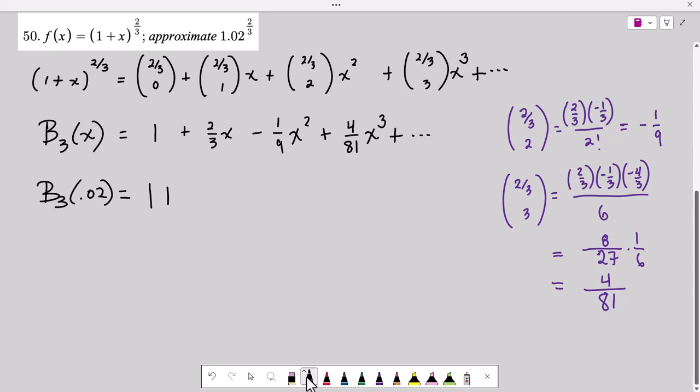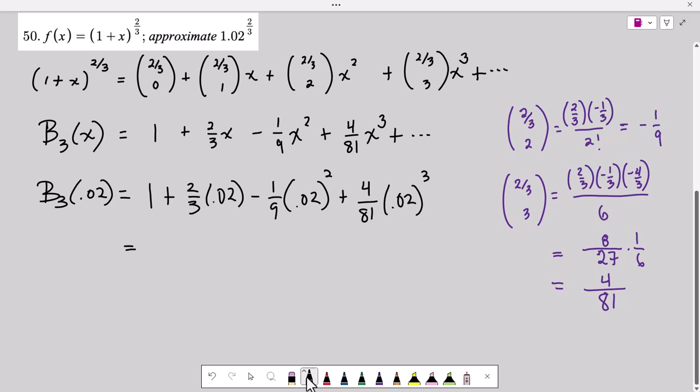So all we're going to do is plug in 0.02 into these 4 non-zero terms, and then type that all into our calculator and get a decimal approximated to 4 decimal places. Whatever we happen to get, that's our approximation.